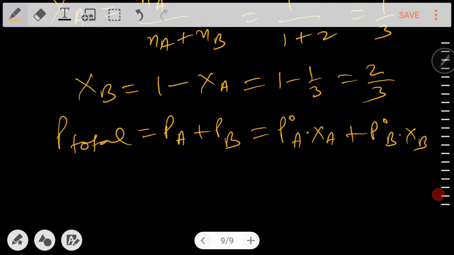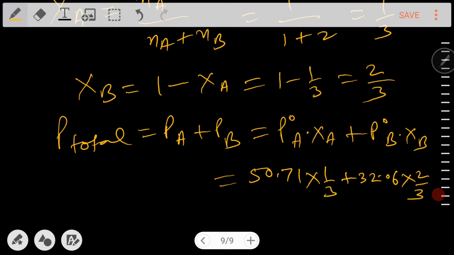Now we have all the values. P naught A is 50.71 for benzene in the unit mm of Hg. Its mole fraction is 1 by 3. And P naught B is 32.06 for toluene. Unit is mm of Hg, and its mole fraction is 2 by 3.